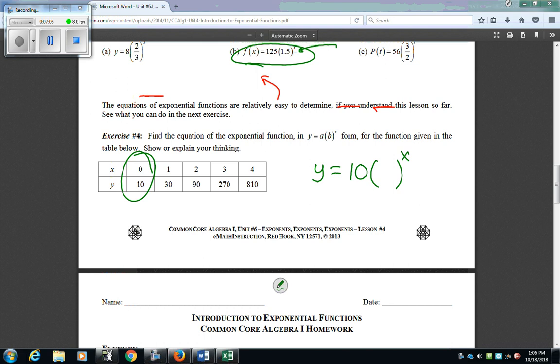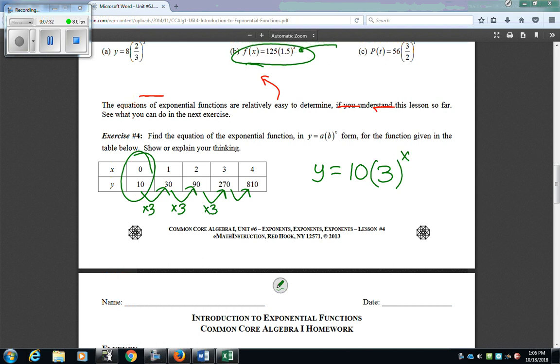Now, x is going to be my exponent, and they want me to find the multiplying factor. So what are they multiplying each number by to get the next one? 10 times what equals 30? 30 times what equals 90? I can figure that out by dividing 30 by 10, and that's going to give me a multiplying factor of 3. So if I do 10 times 3, 30 times 3, 90 times 3, I'm going to see a pattern emerge.